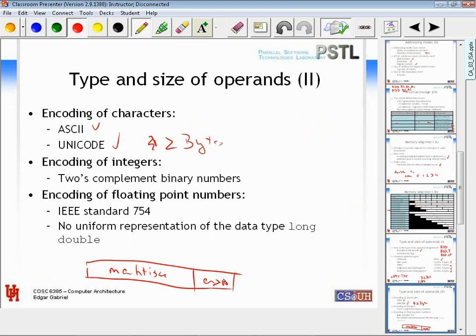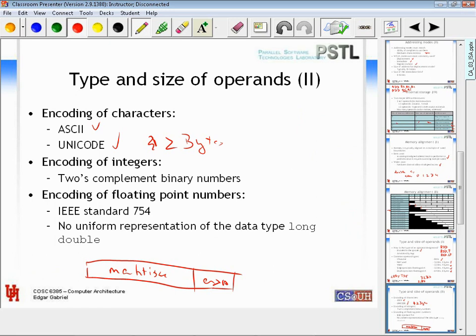How many bits you are using for each of those is defined in what is called the IEEE standard 754. There are a number of other standards out there. To give you an example, IBM had for a long time its own standard. NEC has its own floating point representation. Cray had its own floating point representation. But in the end, right now, it looks like things have converged towards the IEEE standard 754.